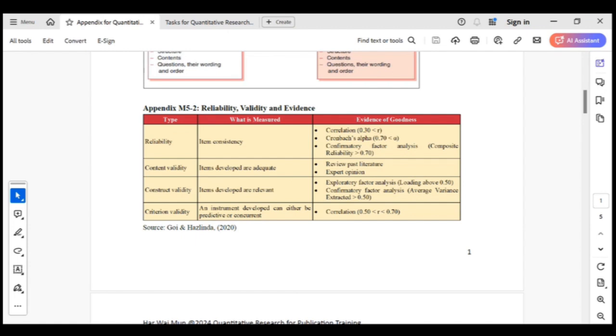For those who are used to doing primary data, you know how to get these AVE numbers, right? If you use partial least squares, smart PLS, when you run the bootstrapping, all these things will come out. Okay? Criterion validity, causation. So all these are how you measure.